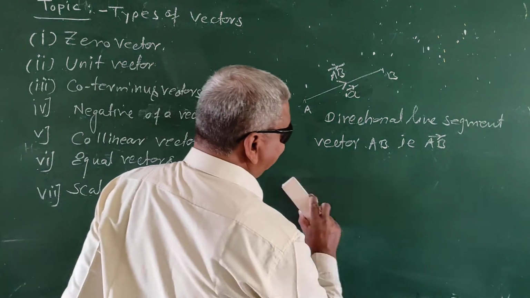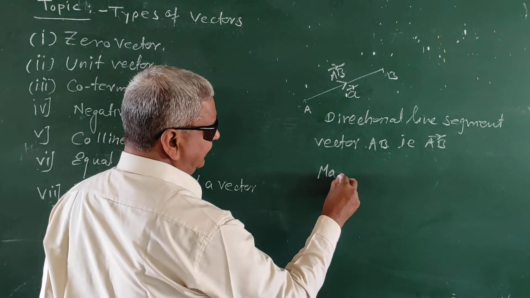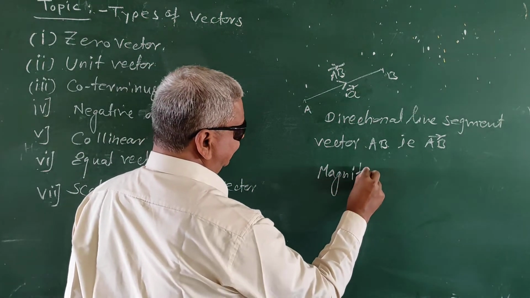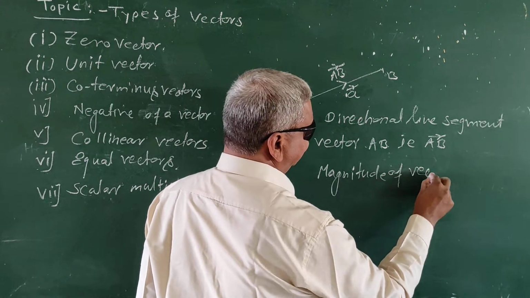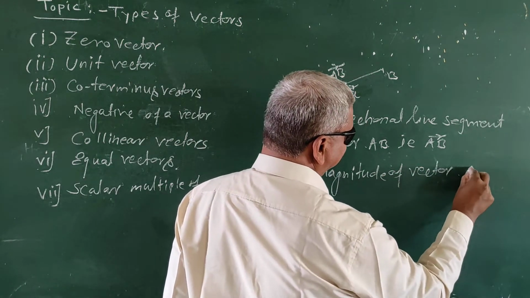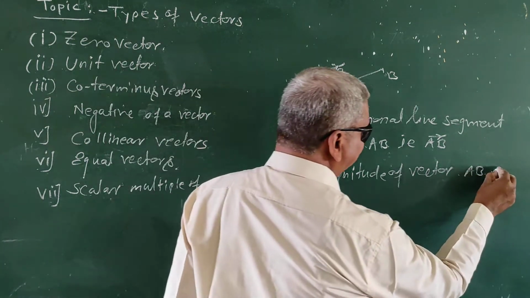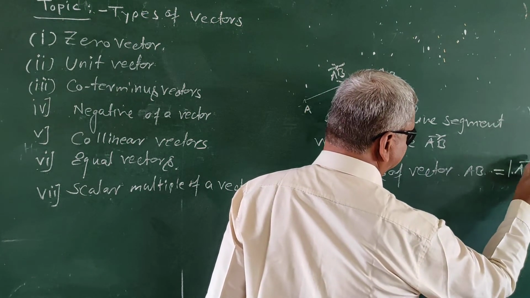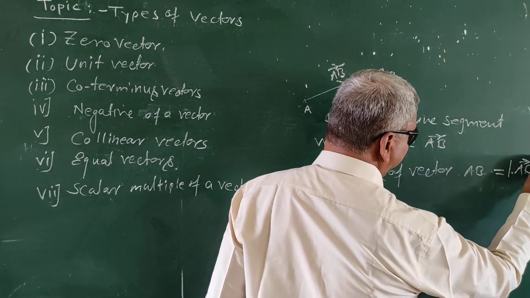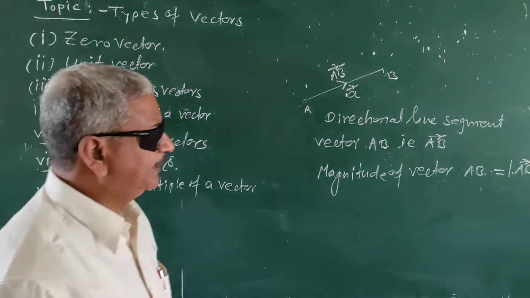Now magnitude of this vector AB is given by absolute value of AB bar.